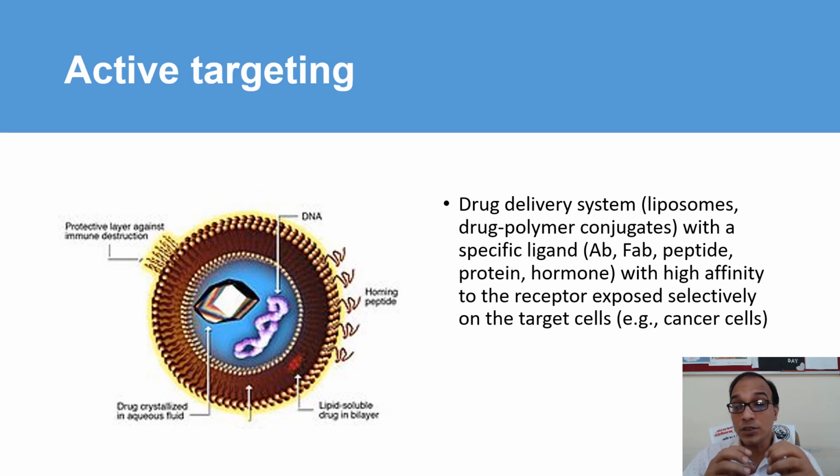The drug delivery systems like liposomes, drug polymer conjugates, with a specific ligand, you add in the drug delivery system a specific ligand like antibodies, FABs, peptides, proteins, hormones with high affinity to the receptor exposed selectively on the target cells. These are called cancer cells. So active targeting can be done with the help of ligands.